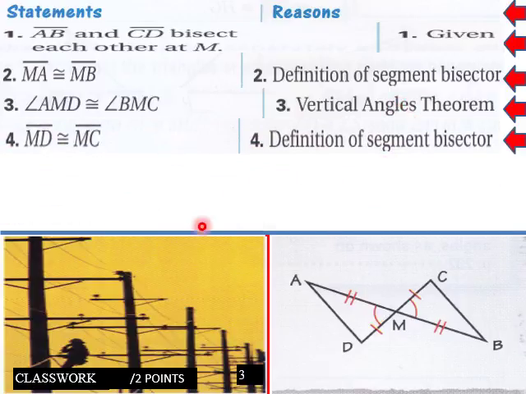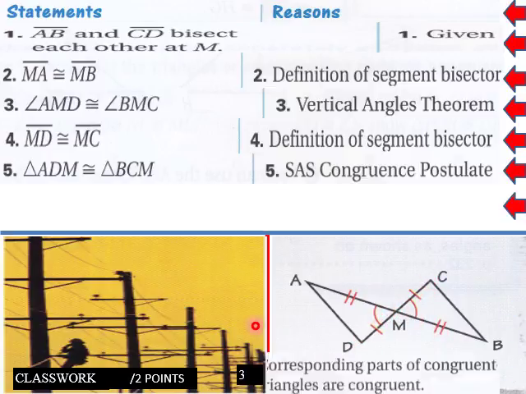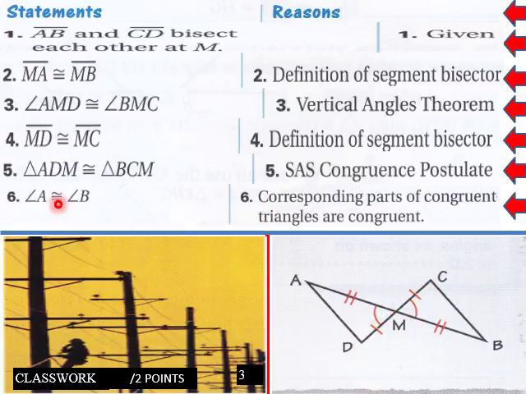Line segment MD is congruent to MC by the definition of a segment bisector, so these are congruent here. Triangle ADM is congruent to triangle BCM by SAS. You can use SAS here, side, angle, side. So angle A is congruent to angle B, because corresponding parts of congruent triangles are congruent.